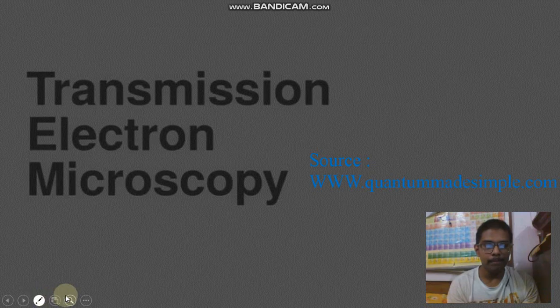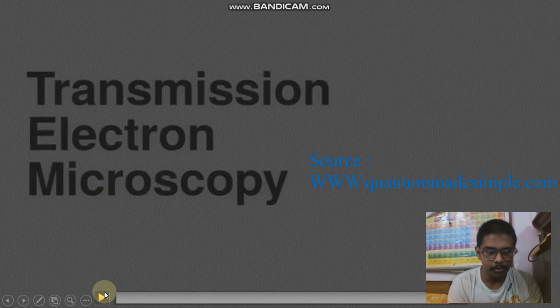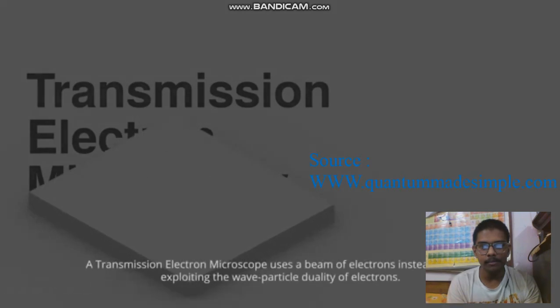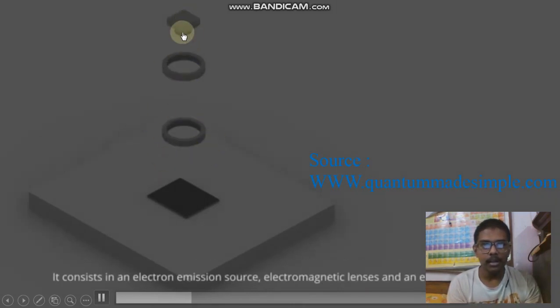Okay, and now we will see what actually happens in an exact transmission electron microscope. Let's take the video. So here, this has been taken from a sample. Here is the bottom screen, here the lenses, here the electron gun.